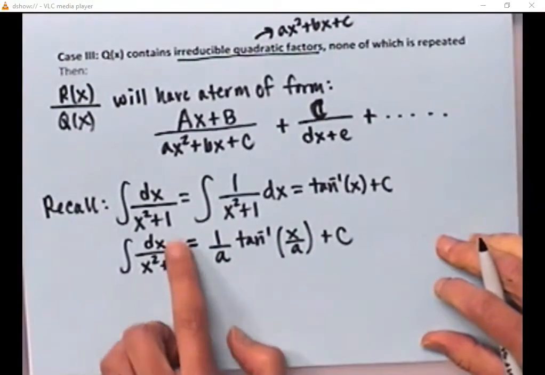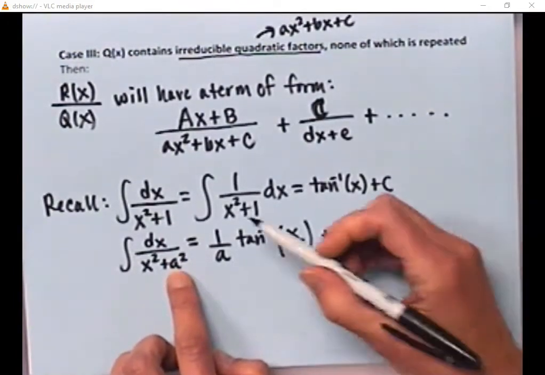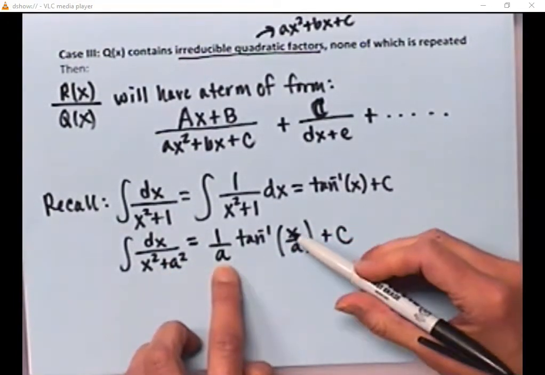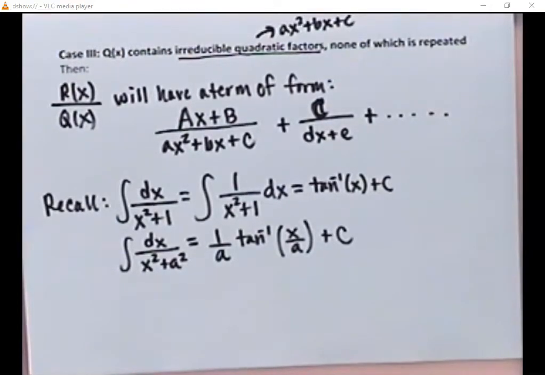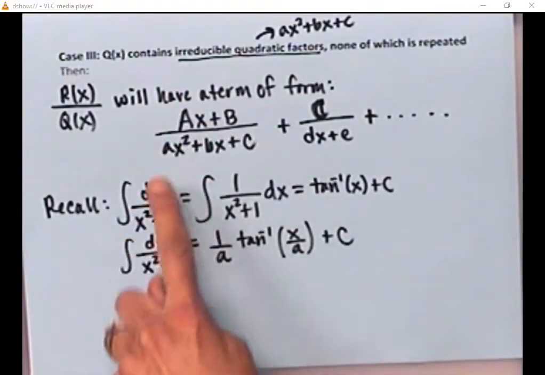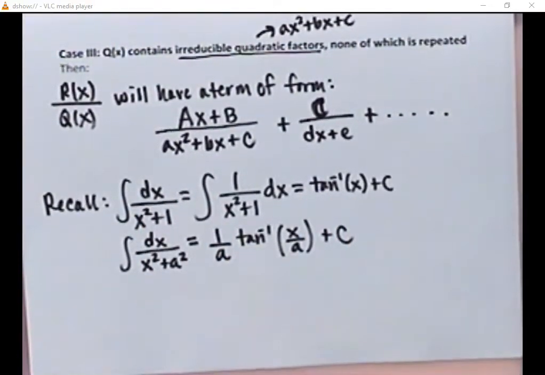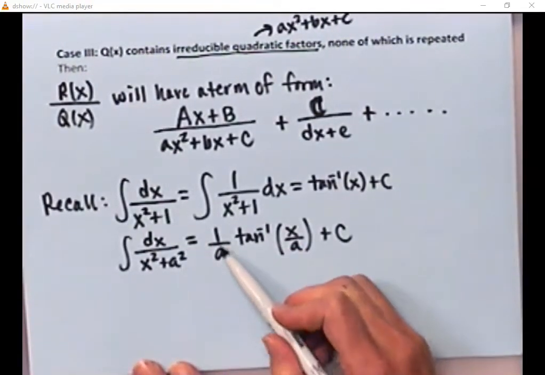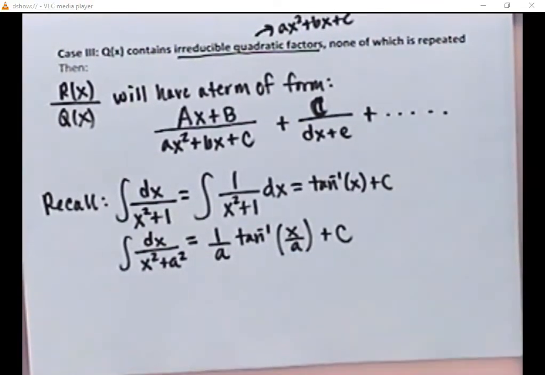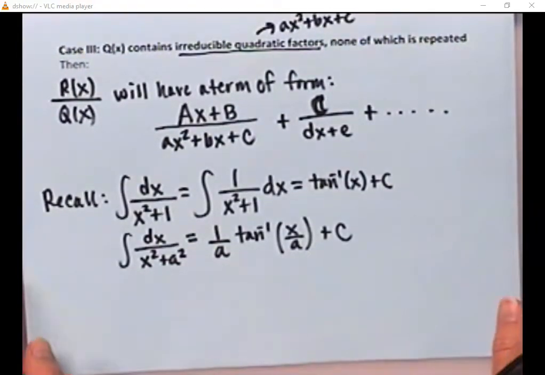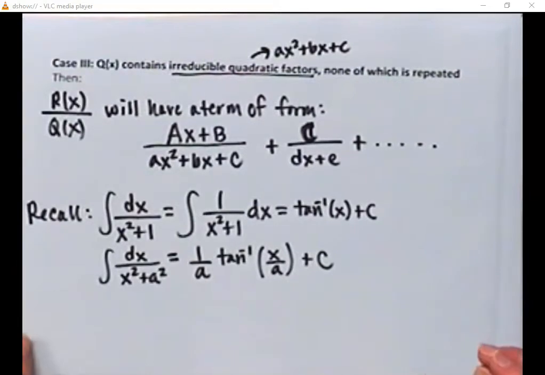So if it is another constant besides 1, you do have to divide by that a outside and inside the arctangent as well. So we may see some forms like this where we have to integrate them because we're going to have these quadratic factors in the denominator. So those are two integral rules you can use here. When a is 1, of course, that's why this just becomes tan inverse of x, because the a's are both 1, but it works if there's a different constant too. Okay, so we might come back to that and use that here in a minute.